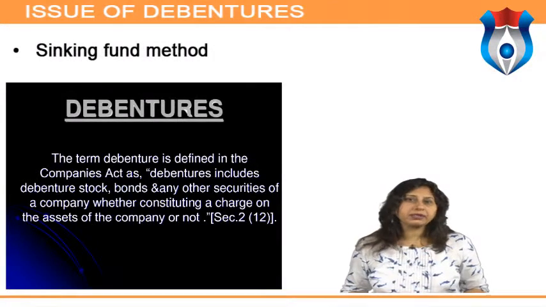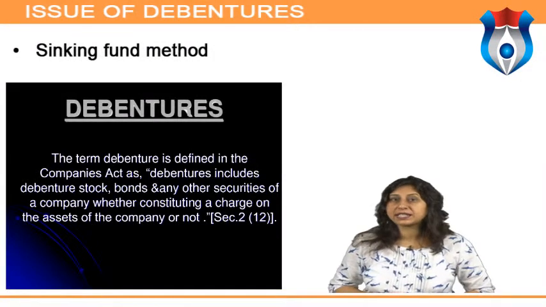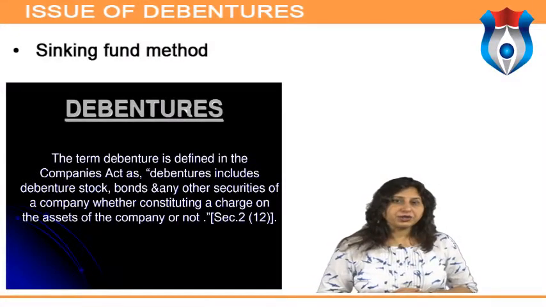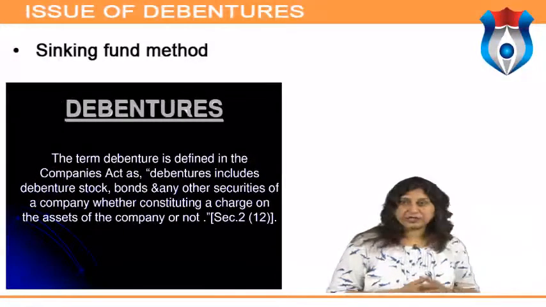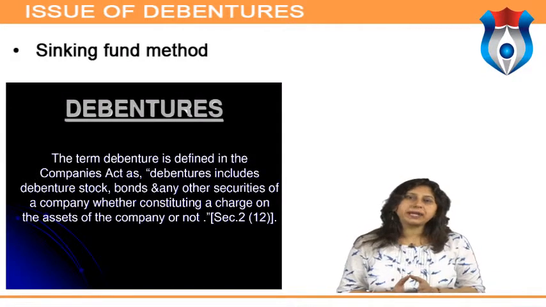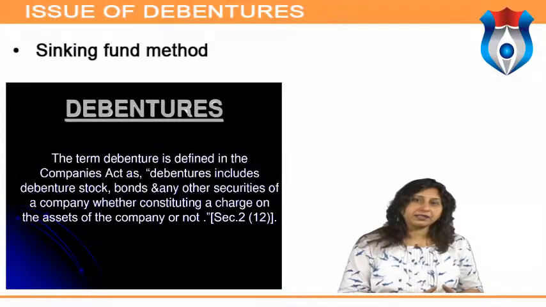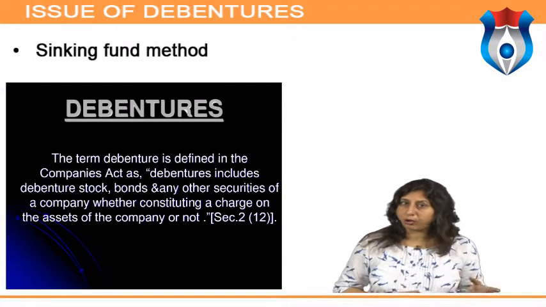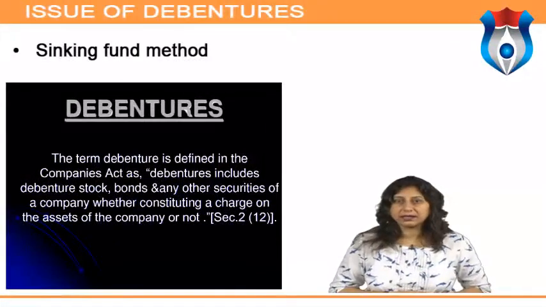The last method we are going to study is the sinking fund method. Sufficient funds are required to redeem debentures at the end of a specified period. To meet this requirement, the company may decide to create a sinking fund and invest an adequate amount in marketable securities or bonds of other business entities.